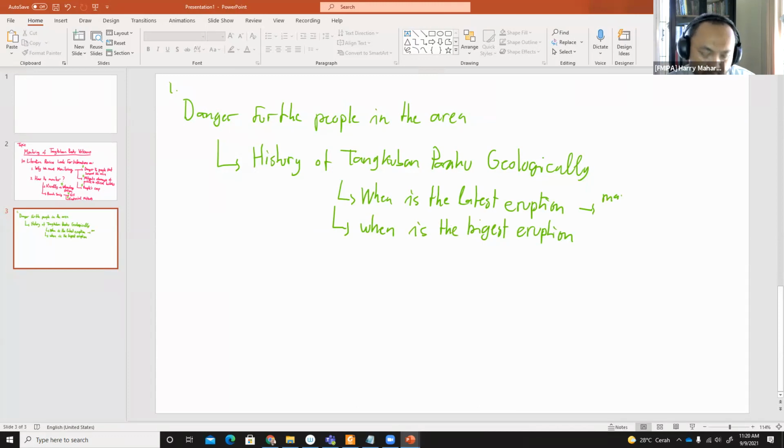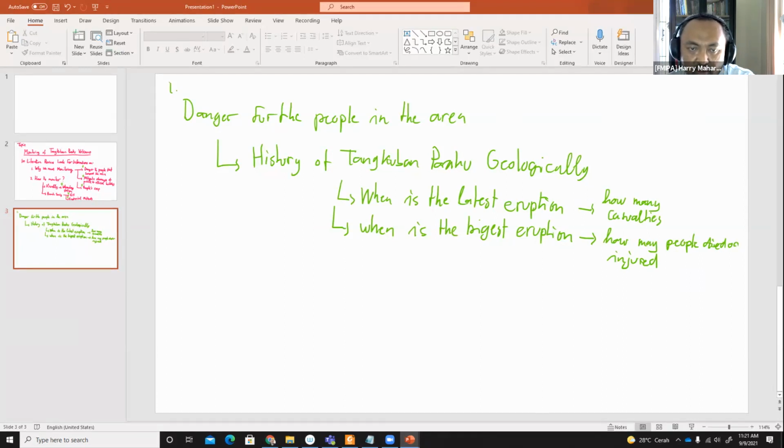How many casualties? And also the same with the biggest eruptions, how many people died or injured. Okay, looking for information about the danger for the people in the area.